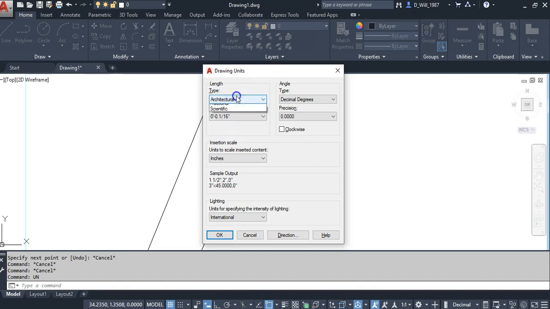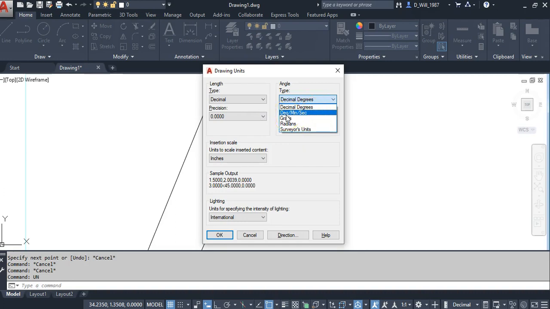For degrees, most of the time in this class we're going to work with decimal degrees because we're just more comfortable with them. But AutoCAD does have several other systems for recording or reporting angles.